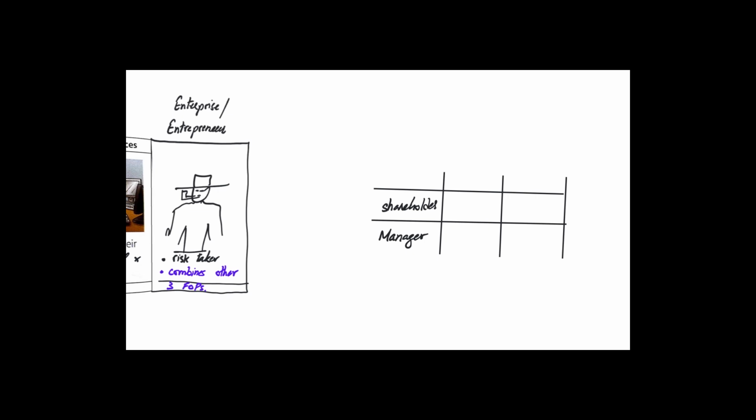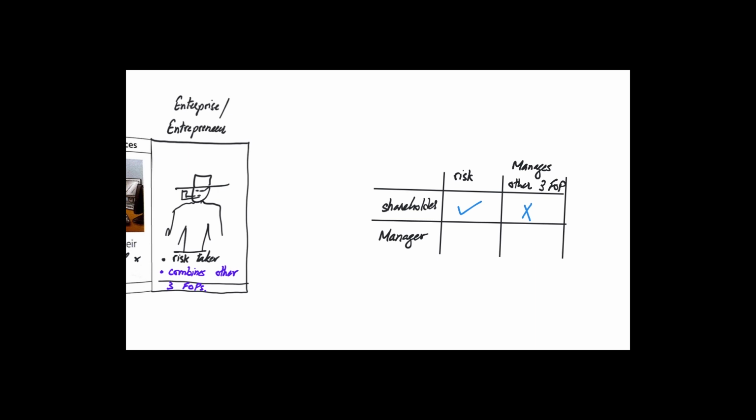Absolutely right. So my question to you is, shareholder, is he a risk taker? Is his money at stake? Is this shareholder managing the day-to-day operations? Does the shareholder manage this? He doesn't. So he has one, but he does not have the other category.